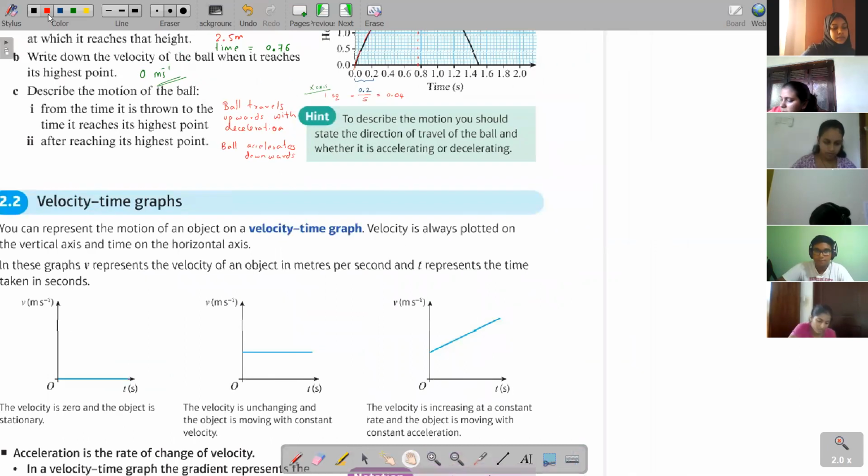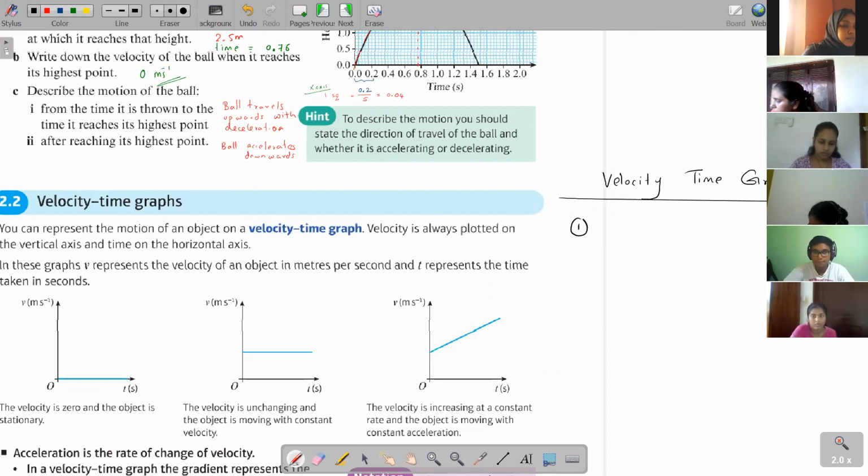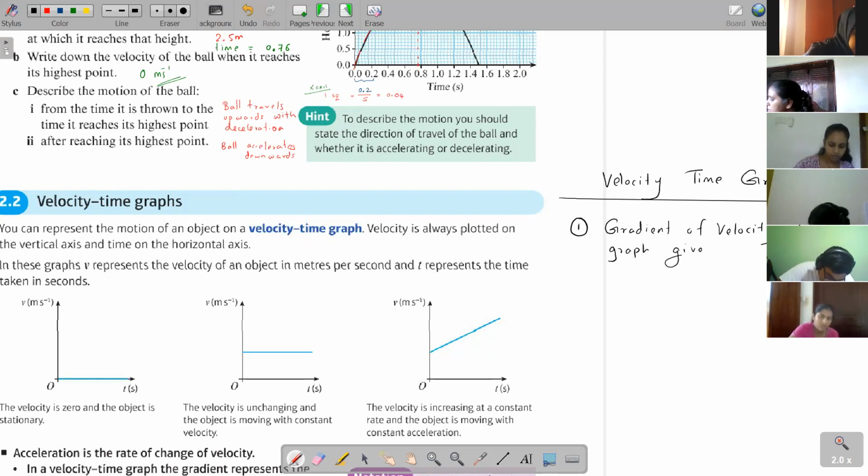I'll give you the 2 rules about the velocity time graph. There are 2 main rules. Number 1, the gradient of the velocity time graph.